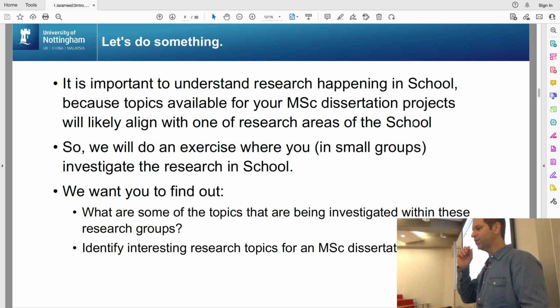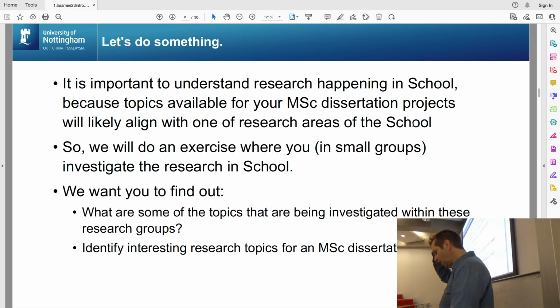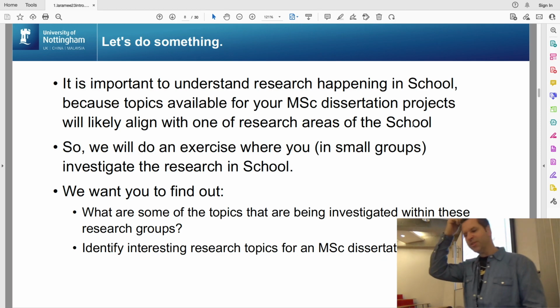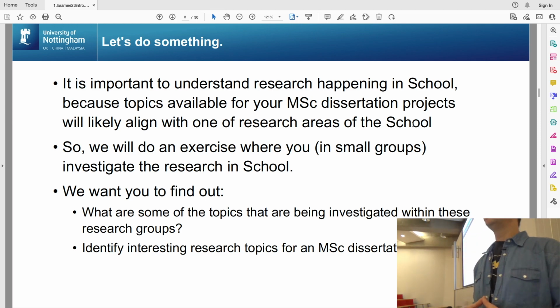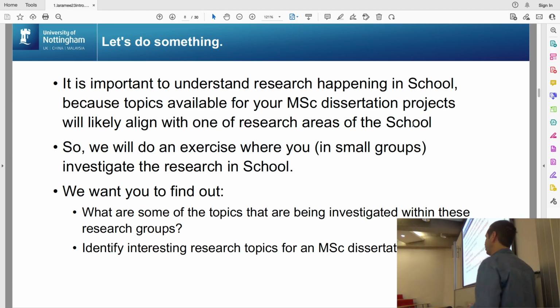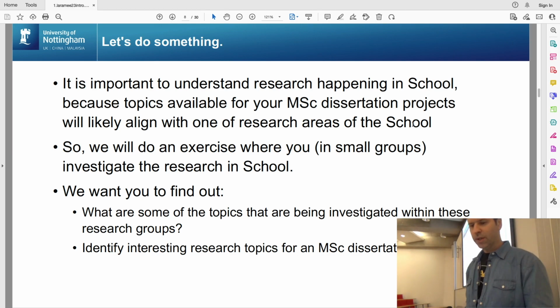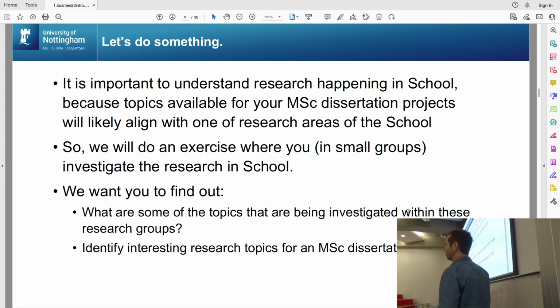So, we're starting right now. I would like everybody to get in a group of 4 to 5 people right now. We're going to do an exercise. So what do you want to do? You want to get in groups of 4 to 5 people, and you want to find out some things. What are some of the topics that are being investigated in the research groups at the university?